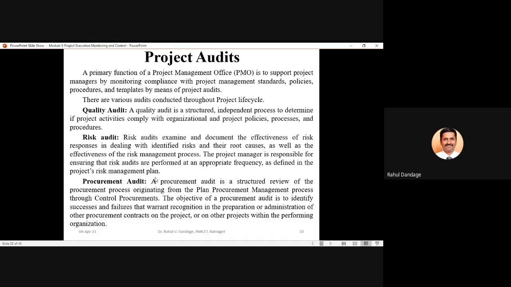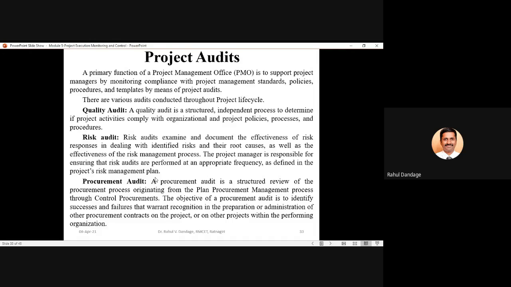And the last part is related to the procurement audit. This procurement audit is a structured review of the procurement process originating from the plan procurement management process through control procurements. So project procurement management is a separate knowledge area.